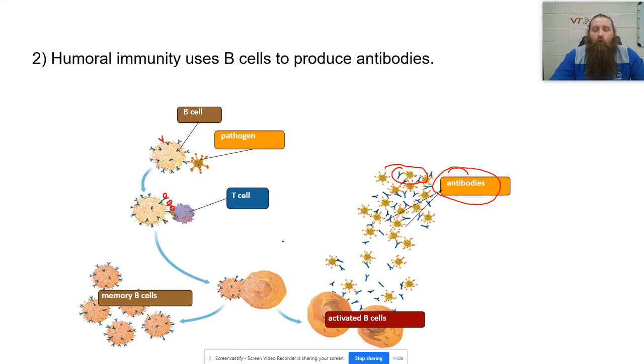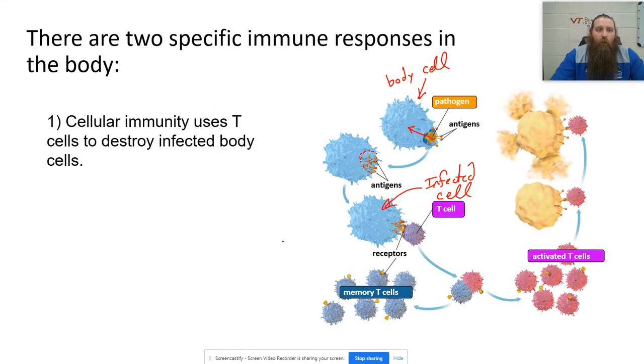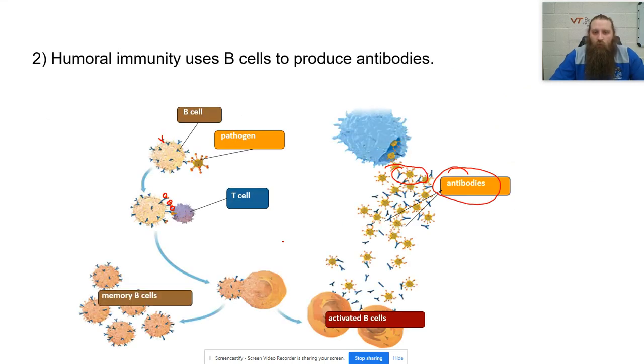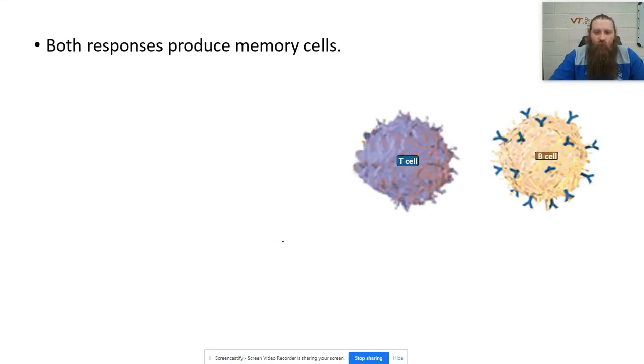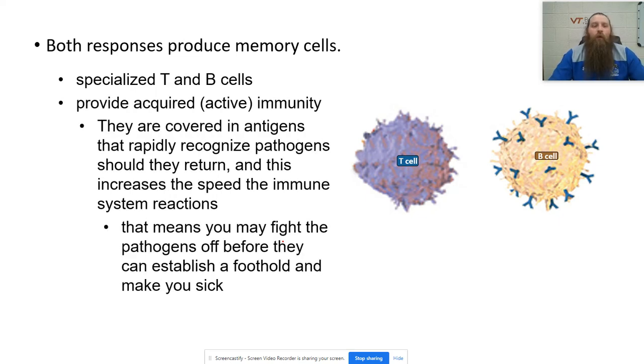That's called humoral immunity. So we have cellular immunity with the T cells, and we have humoral immunity with our B cells. Now, both responses produce more memory cells. The memory cells are important because they're specialized T and B cells. They've been through the battle. And this gives us what we call active immunity. They're covered in these antigens.